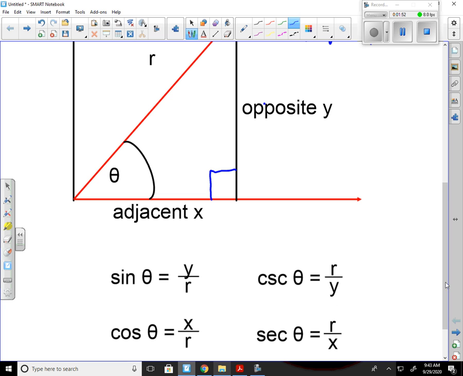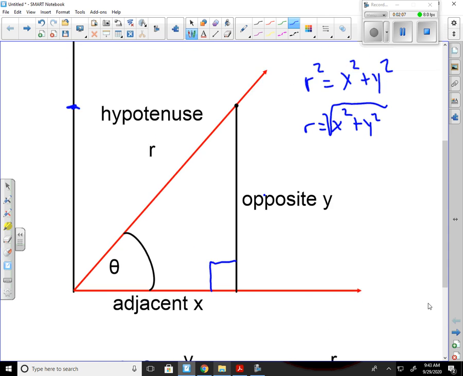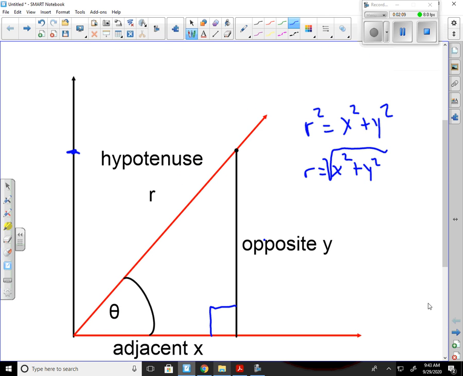Secant would be r over x. And tangent would be y over x, with cotangent being x over y. If I look at this point where it all comes together, it's the point x, y.